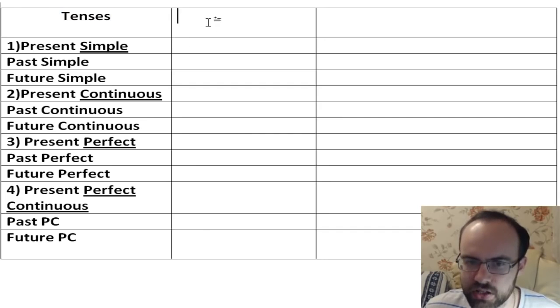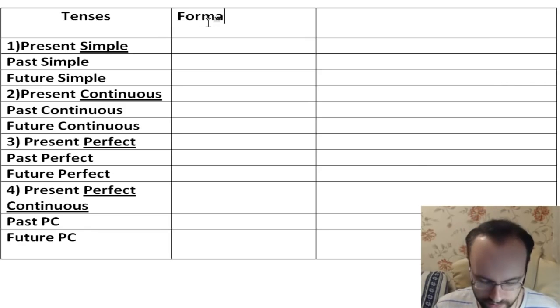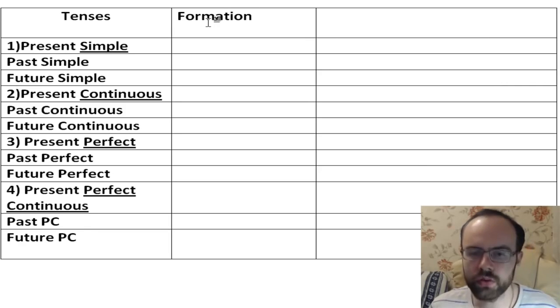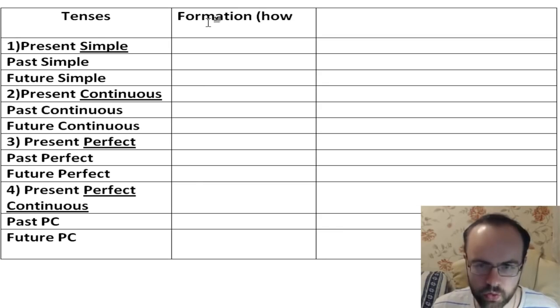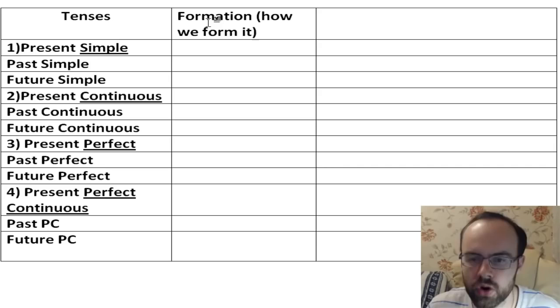So the second thing you need to know is formation, how we form these tenses. And the last thing, least but not last, it means it's the last thing, but it doesn't mean that it's unimportant.